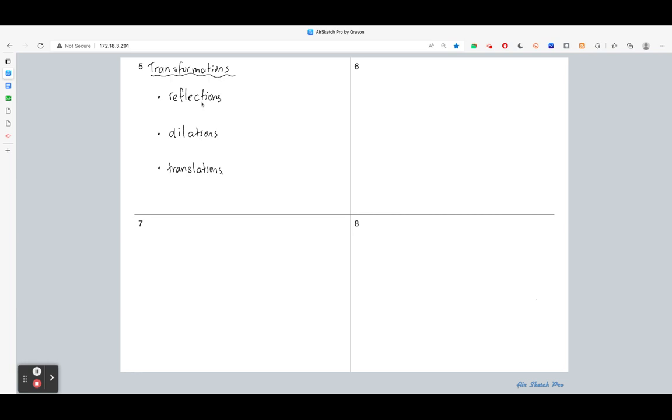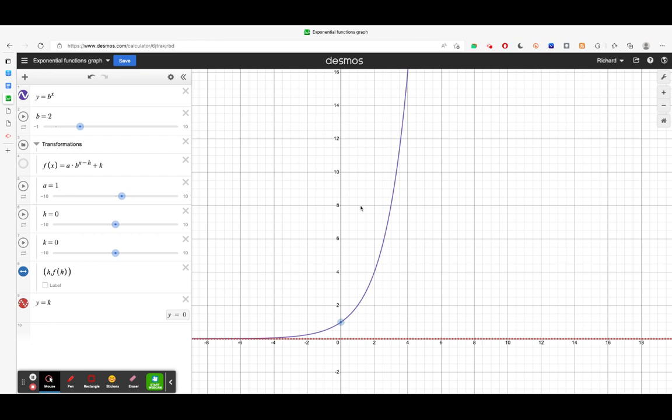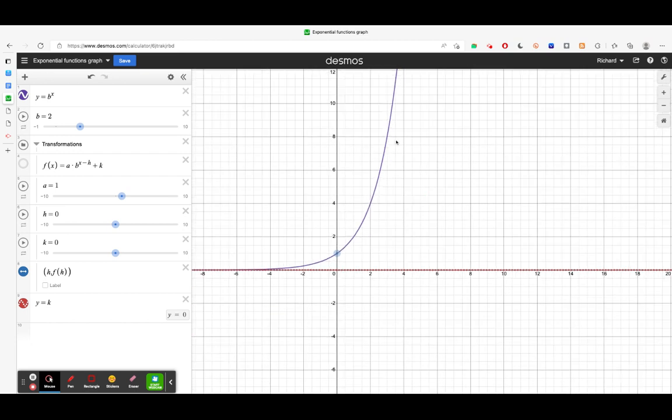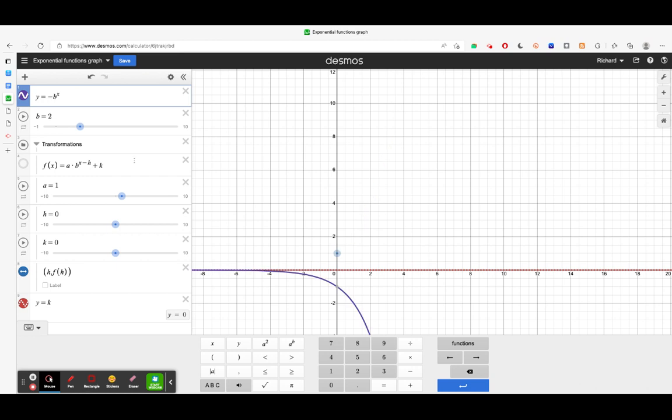So reflections, just remember, just means that the graph flips. If you've got negative b to the power of x, then it's going to be b to the power of x, but made negative. And so, of course, it just flips over the x-axis like so.